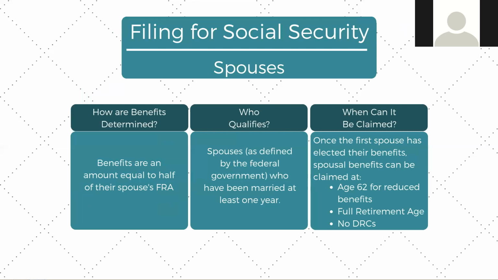And then at that point, you could file as early as age 62, or wait and get the full 1/2 at your full retirement age. But an important note also is spousal benefits do not receive any kind of delayed retirement credit. So the max you can get is 1/2 of your spouse's full retirement age benefit. Even if your spouse waited to 70 and they're getting those delayed retirement credits, you're only eligible for 1/2 of their full retirement age benefit. All right?